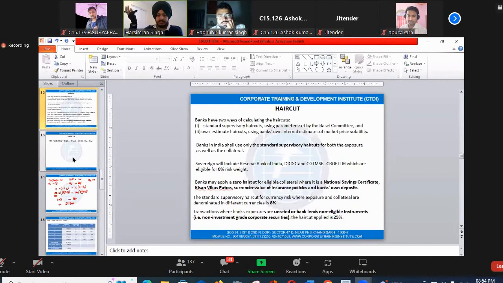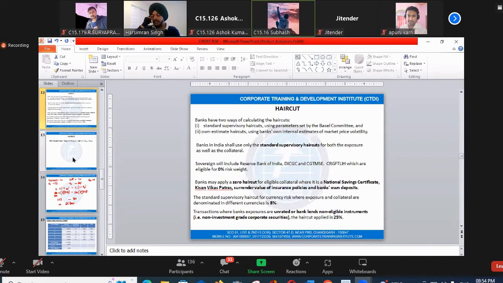This is one example. Second example is NCLT. When the cases are going to NCLT and there is a bid process there, and if the bidding is below the expected amount, the difference is also called the haircut.